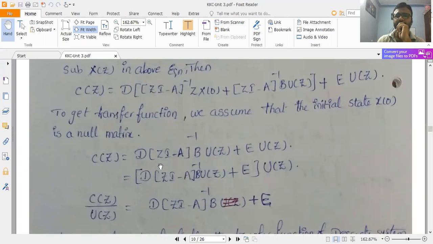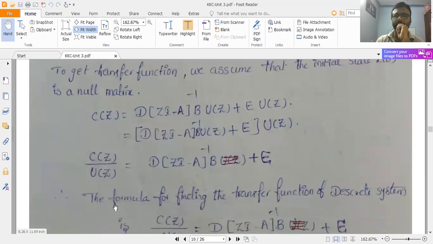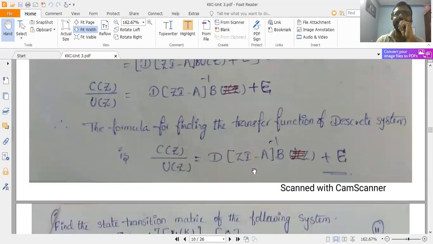Taking u of z as common and taking it to the other side, we get c of z divided by u of z equal to D into (zI minus A) inverse into B plus E. So this is the formula used to find the transfer function of the discrete system, that is c of z divided by u of z equal to D (zI minus A) inverse B plus E.